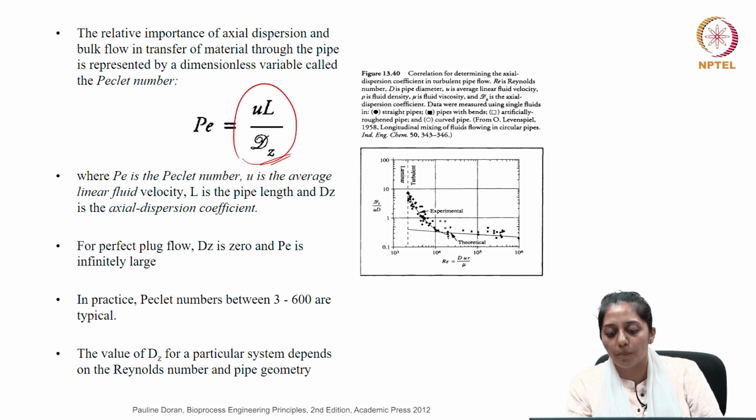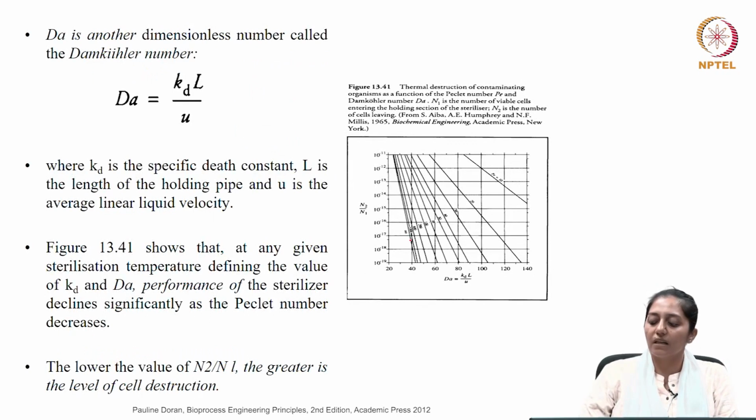And for different geometries, like here it is given for straight pipes, pipes with bends, artificially roughened pipes or curved pipes.